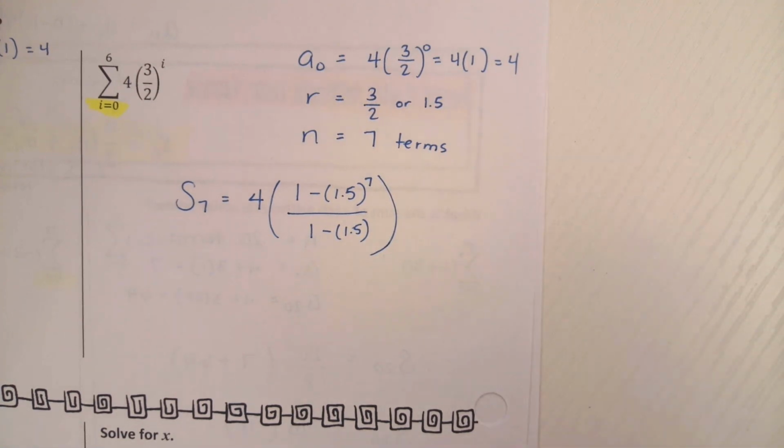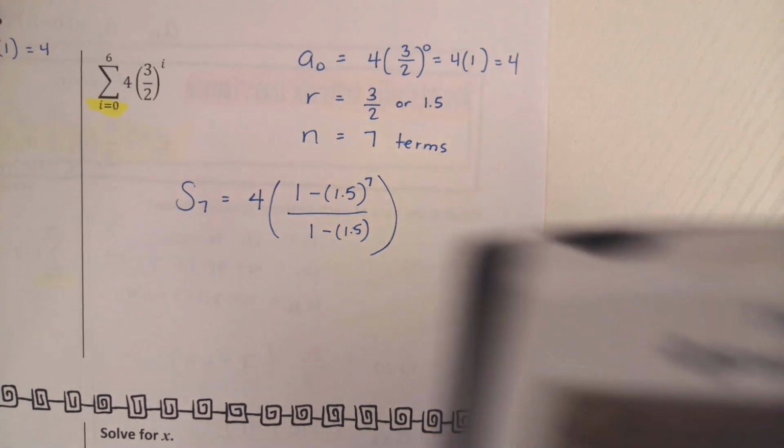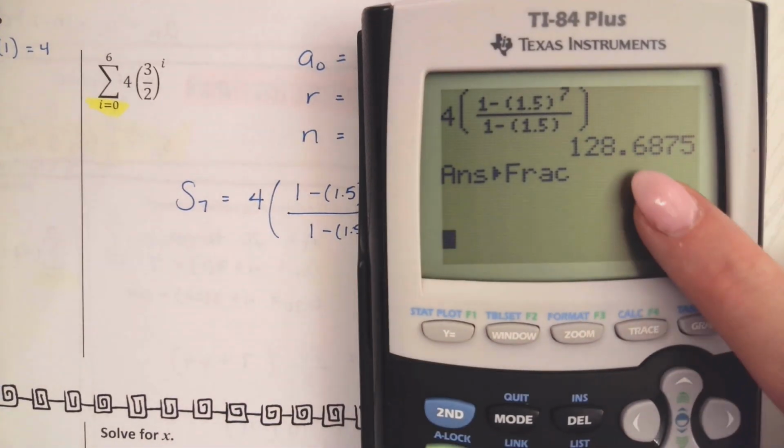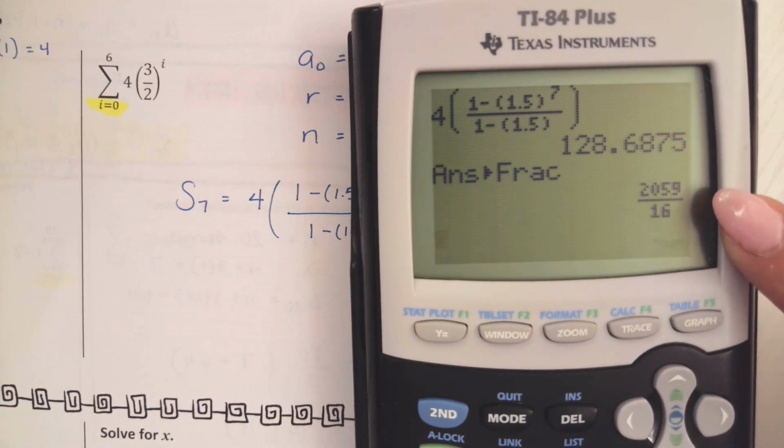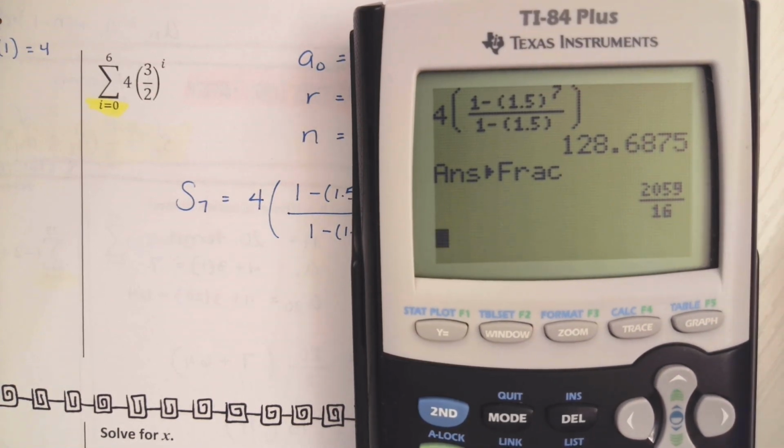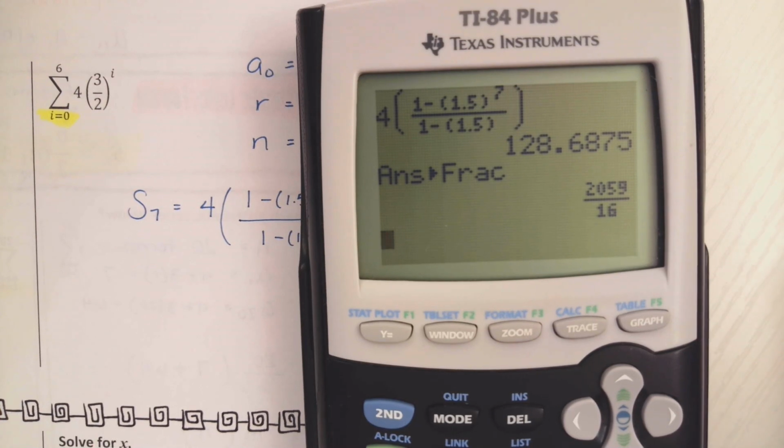Alright, as a decimal, did y'all just give a decimal or a fraction? Give me a fraction, but you can just change it. Yes, okay. 128.6875, or as a fraction, 2059 over 16, however you prefer it. Make sure you're able to get that. Don't say, oh, I'll figure it out on the day we take a test. We don't want to try and figure it out on the day we take a test.